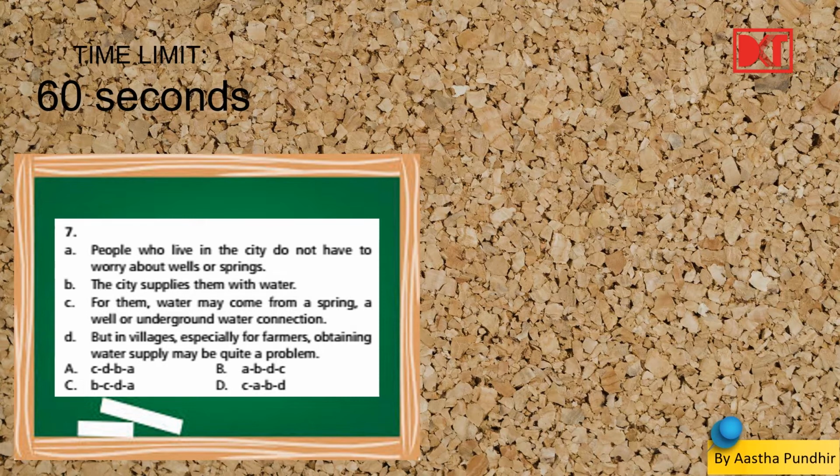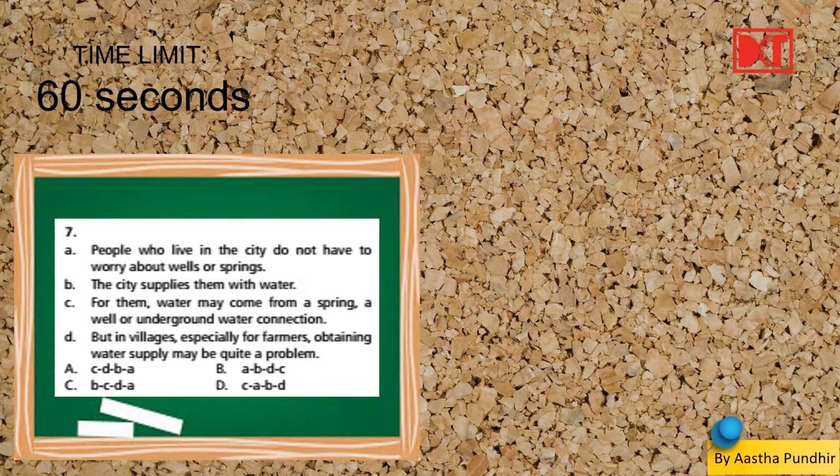Alright, now next. People who live in the city do not have to worry about wells or springs. The city supplies them with water. For them, water may come from a spring, a well, or underground water connection. But in villages, especially for farmers, obtaining water supply may be quite a problem.